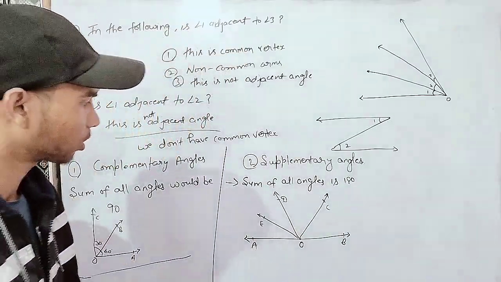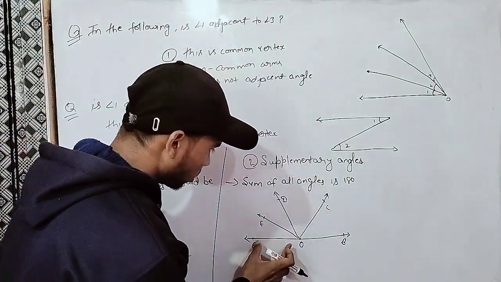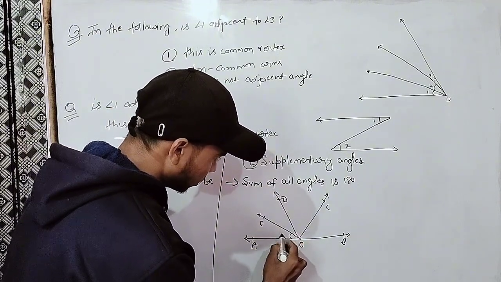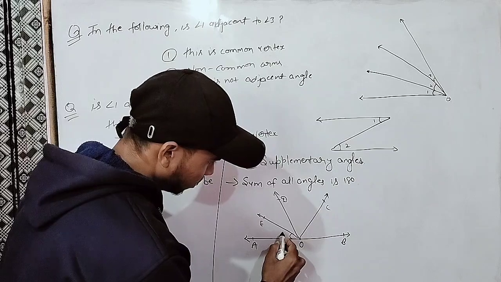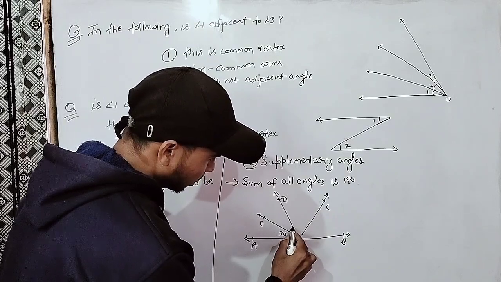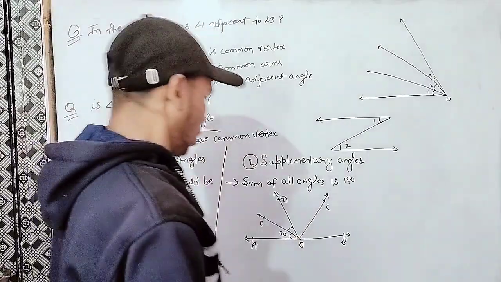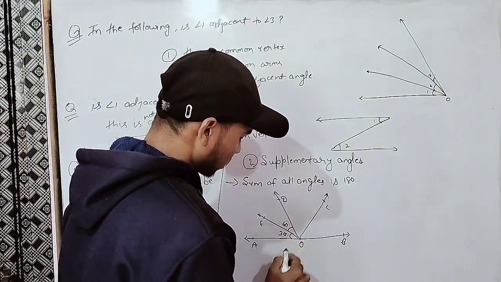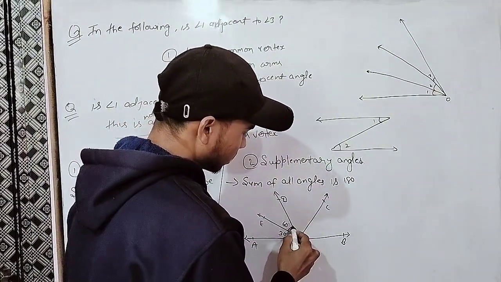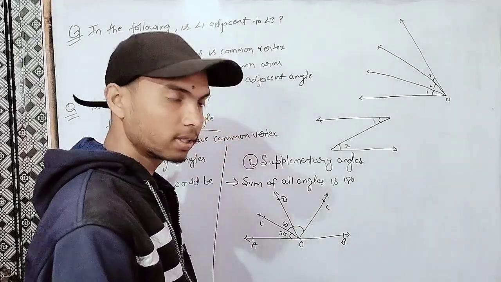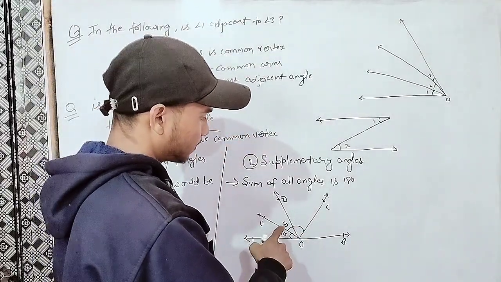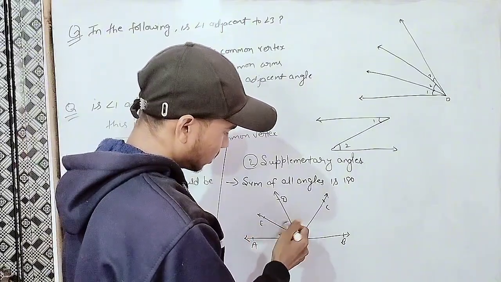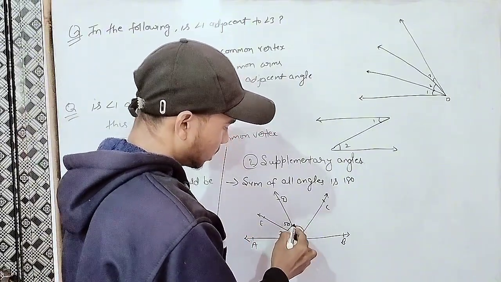We have A O E, which is with a rotation of 30 degree, and this is 60 degree, and let's say this is 50 degree. Clear?